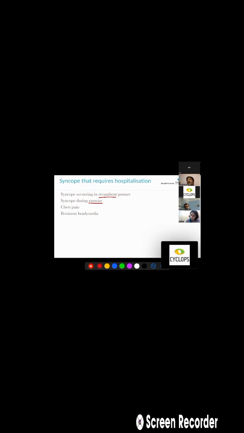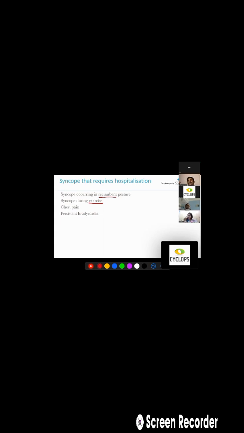It is not like that. If somebody really has a syncope in a recumbent posture, or while doing exercise, then more likely it is associated with an underlying structural or rhythm cardiac problem, and that person needs evaluation in the hospital.